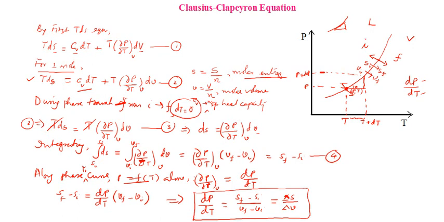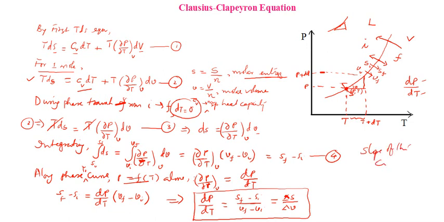If you talk about going from vapor to liquid, of course there will be corresponding changes in initial and final values. Always remember, dP/dT physically represents the slope of the coexistence curve.